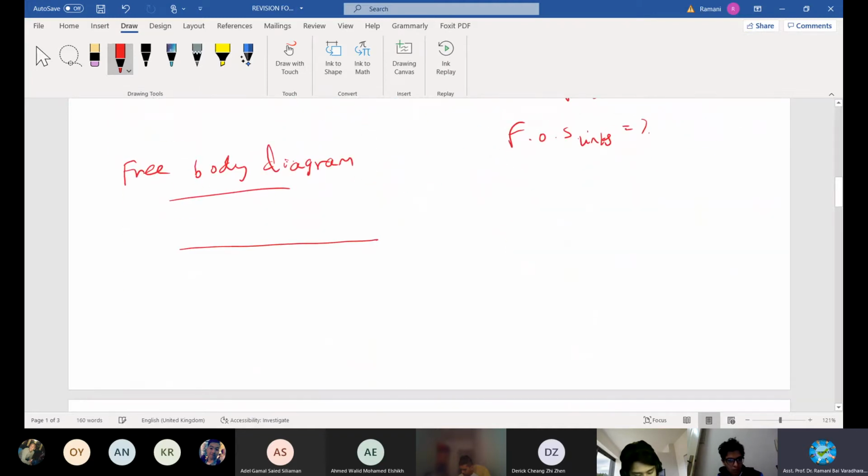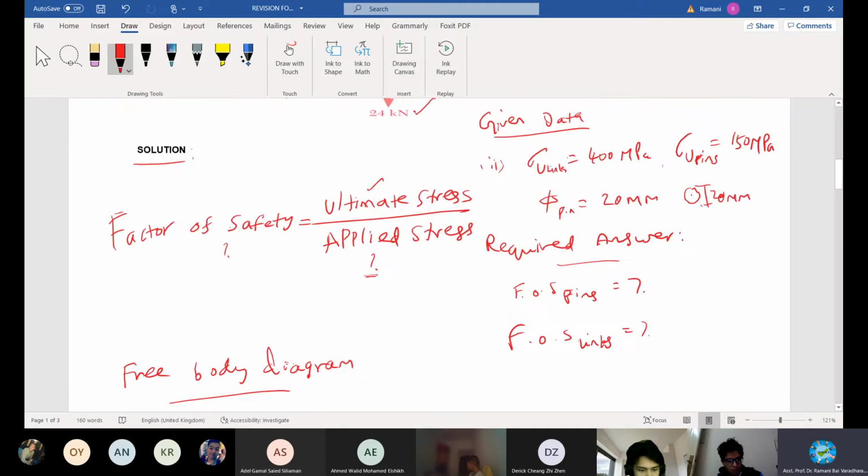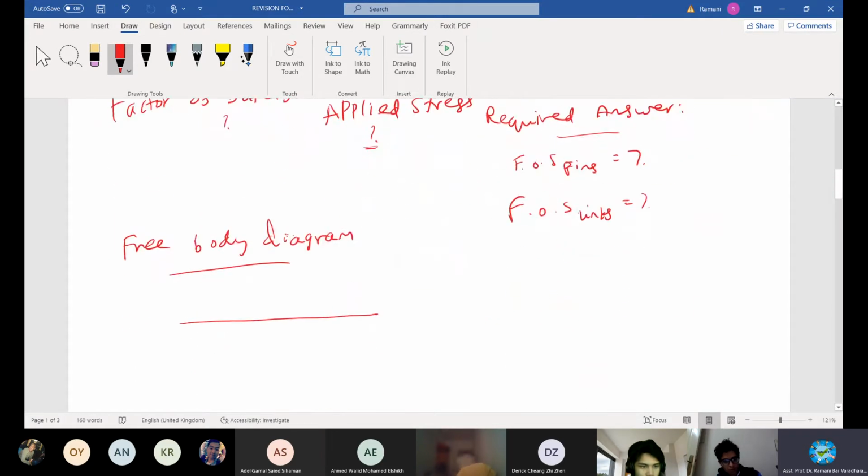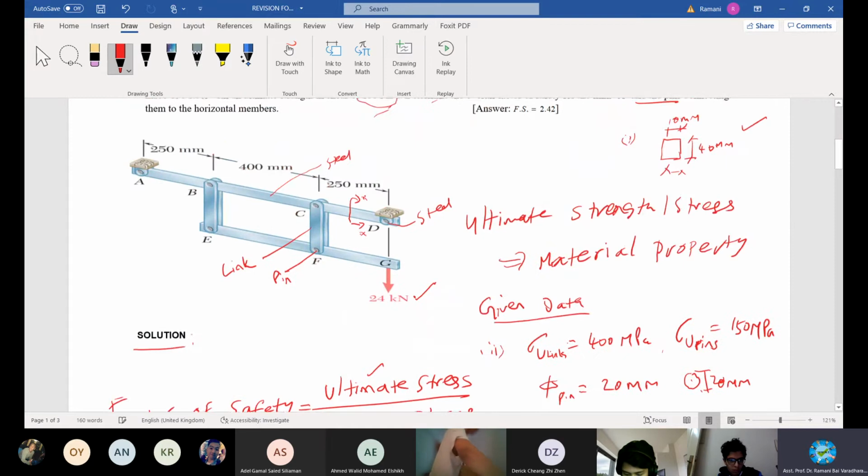When you do that, it will be like this: member E, F, and then G. Keep the same names. E, F at 0.4, G at 0.25. All in meters, am I correct?